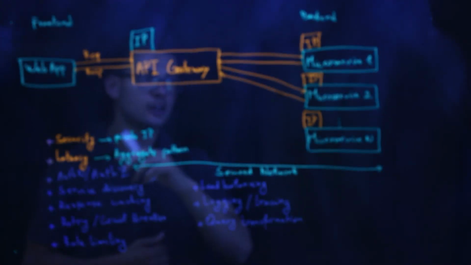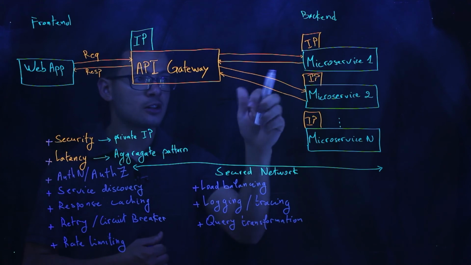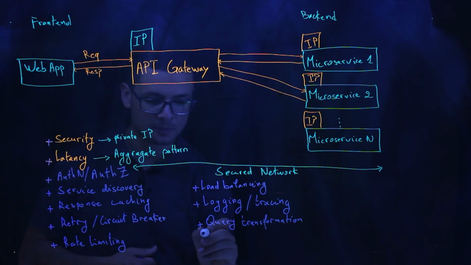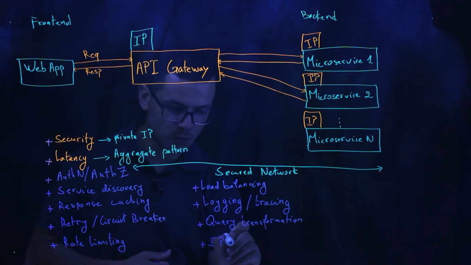That's useful to stop attackers from using things like DoS attacks on my microservices. So this is IP whitelisting.